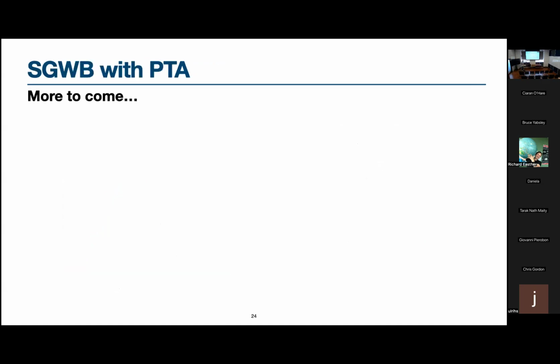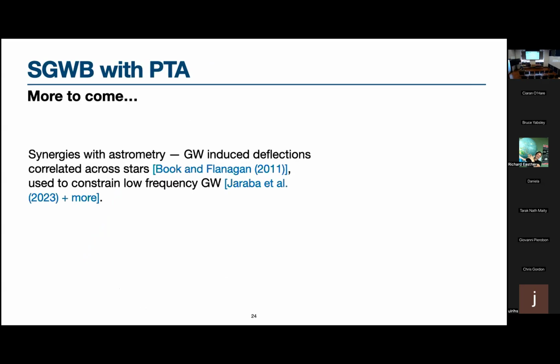Of course, there's some more work that we're doing with PTAs and related gravitational wave detections, and that is this idea of using stellar astrometry, so measuring the positions of a large number of stars very precisely to try to detect gravitational waves. The idea behind this is that gravitational wave backgrounds produce small correlated deflections in the apparent positions of different stars.